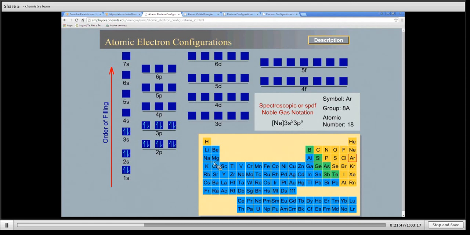I know the d orbitals haven't been filled yet, but argon won't react because the 4s gets filled first before 3d, simply because it's lower in energy. And as I say, this diagram doesn't show it very clearly. The 4s should have been lower in energy than the 3d.